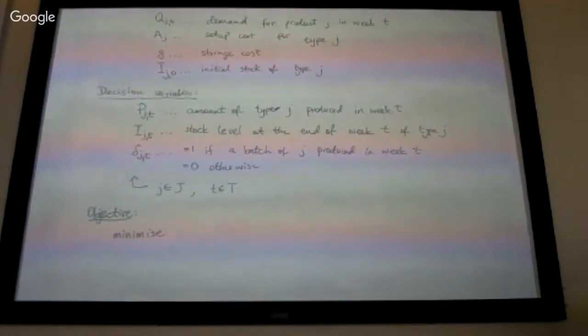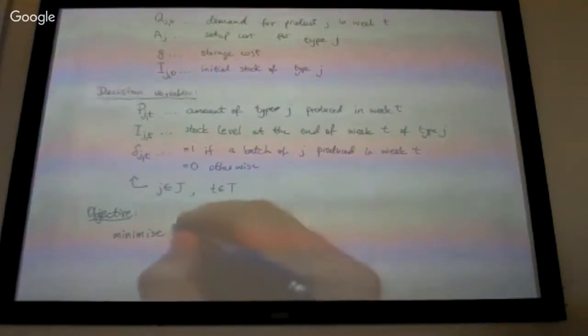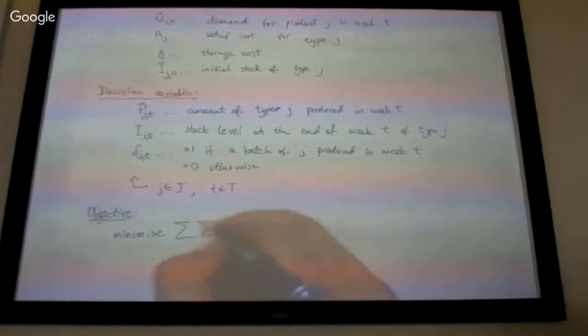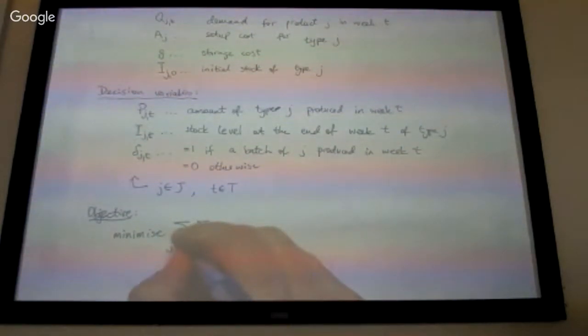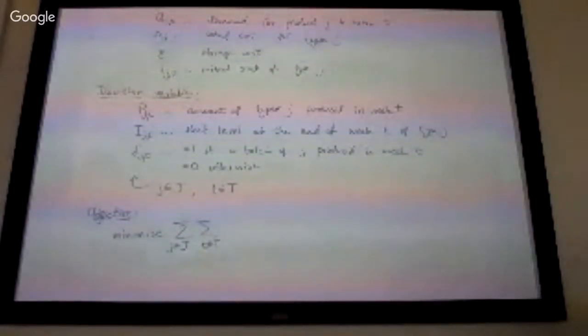In the sums you should put J in J and T in T, the sets the indices come from.